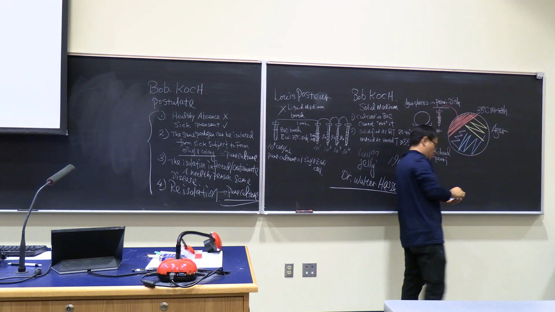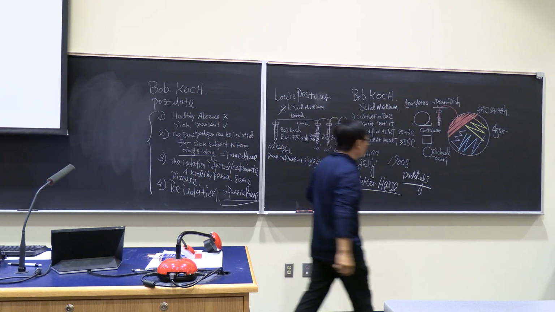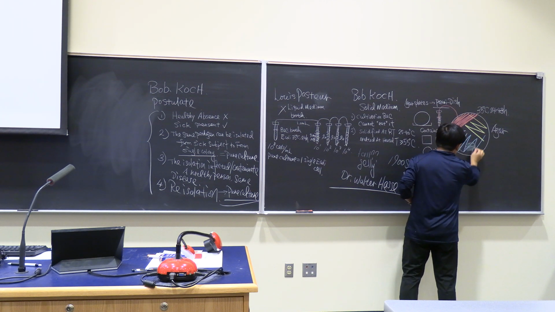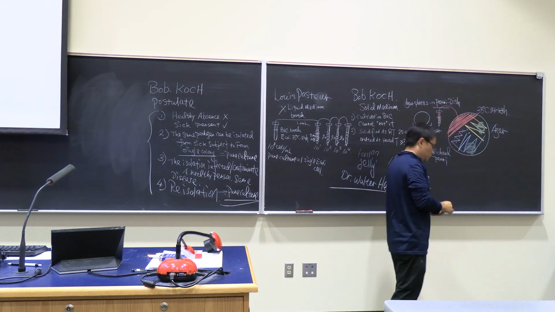What are you going to see after that? You will see lots of dots there. They will be very messy here, but the dots showed up. These are called colonies.